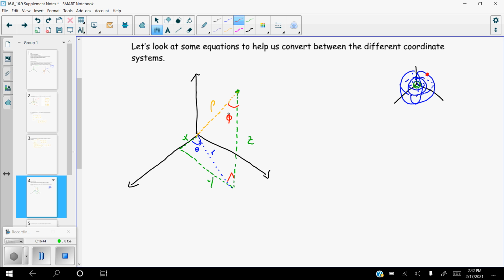So the angle phi that I have in red is exactly the same as this angle, and we're also going to call that phi by alternate interior angles. So spherical coordinates are based upon rho, which is basically the radius of the sphere; theta, which is the angle made with the positive x-axis and r; and phi, which is the angle made with the positive z-axis to rho.